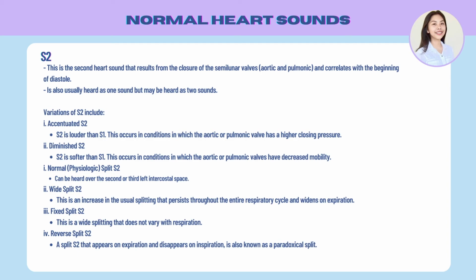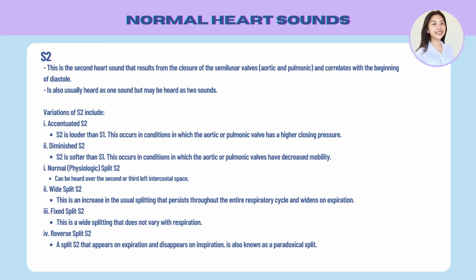For fixed split S2, this is a wide splitting that does not vary with respiration. It occurs when there is delayed closure of one of the valves. An example of this is atrial septal defect and right ventricular failure. Lastly, reverse split S2 appears on expiration and disappears on inspiration.